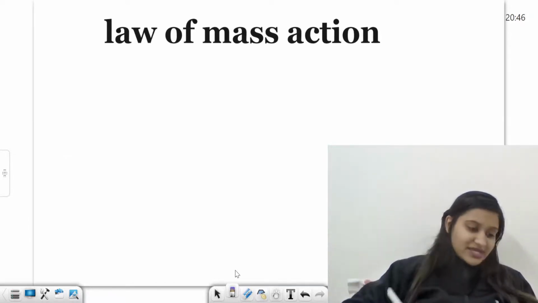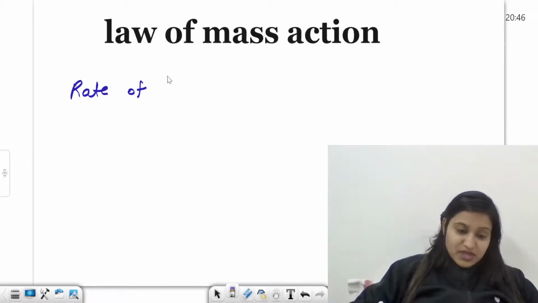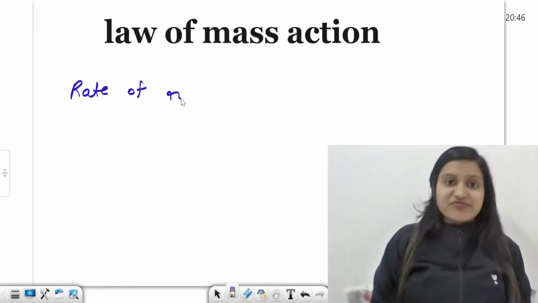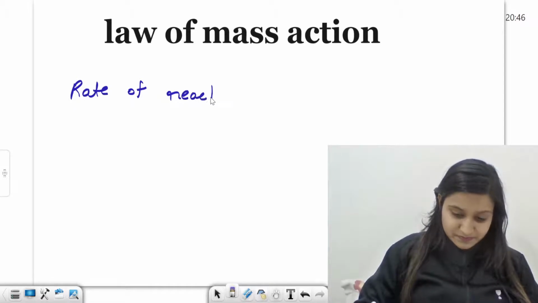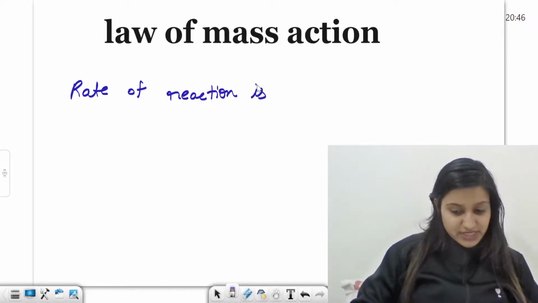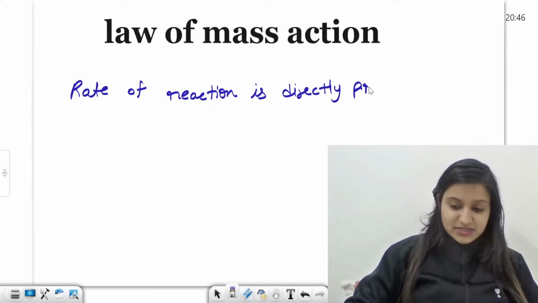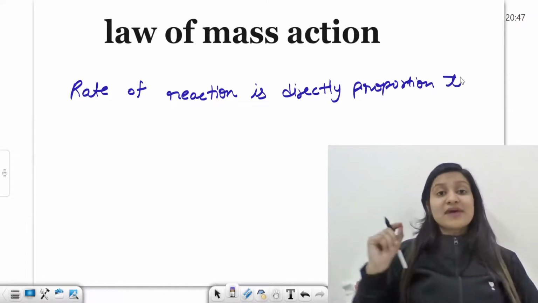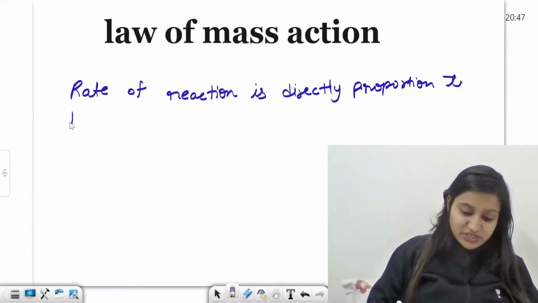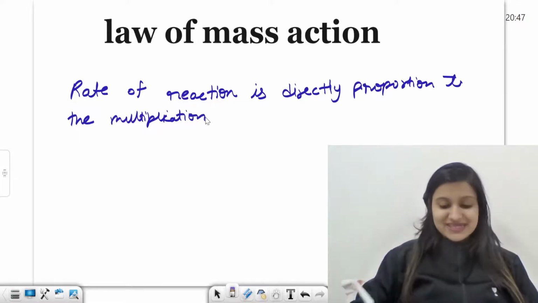So we can say that the rate of reaction is directly proportional to the multiplication of the molar concentration of reactants.